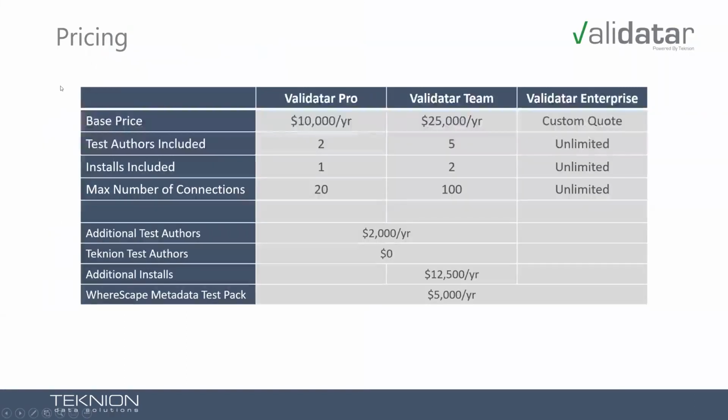A quick look at pricing. This always comes up with people, so I like to get it on the table very quickly. There's basically 3 levels. You've got Validatar Pro, which is a small team, Validatar Team, which is a mid-sized team, and then Enterprise if you have a large amount of testing. It basically works on how many people are creating tests and how many connections you are connecting to.